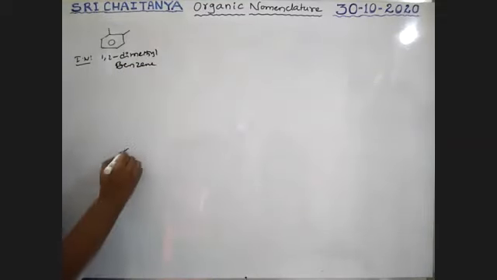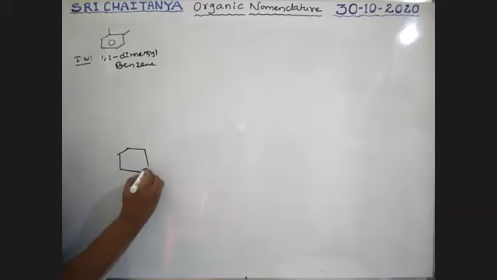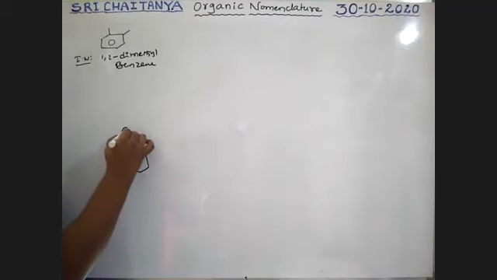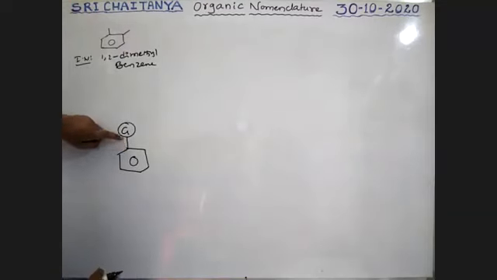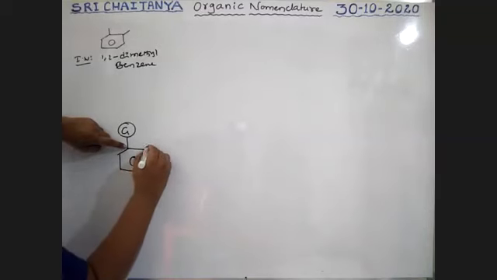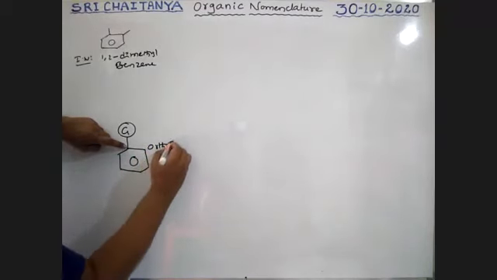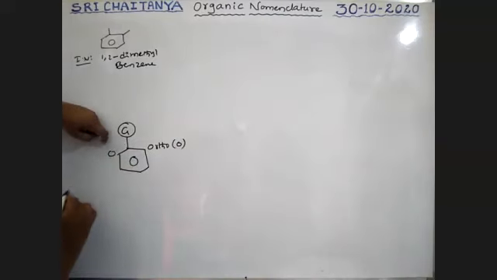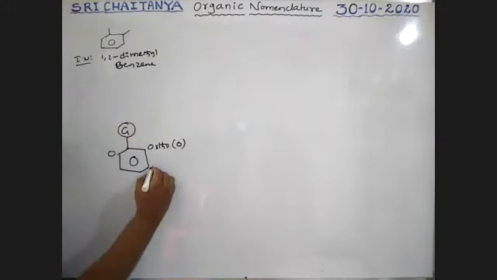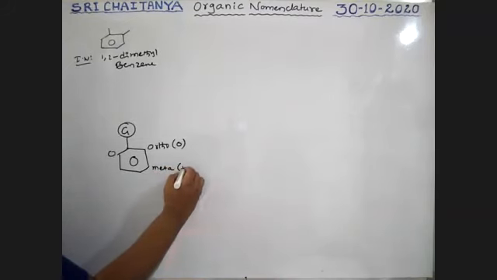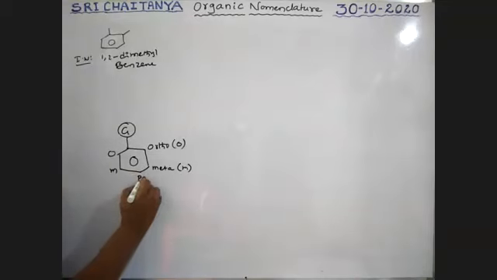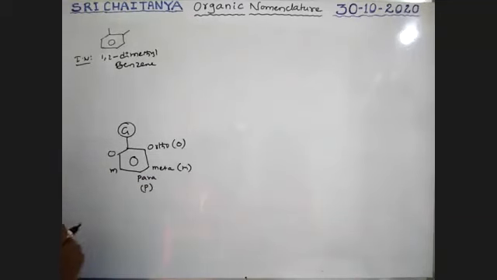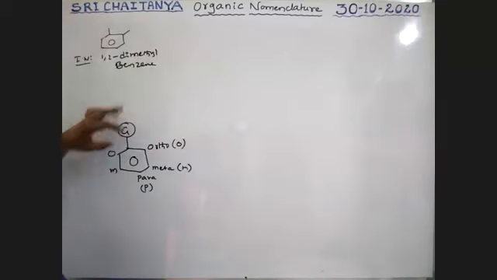Okay, boys, see here. So it is a benzene ring. If a group is attached, the carbon with the group attached, the very next carbon is called the ortho carbon, indicated with O. This is also ortho. The next carbon is the meta carbon, indicated with M. This is also meta. The next carbon is para, indicated with P. If a functional group is attached, these are the positions: ortho, meta, para.